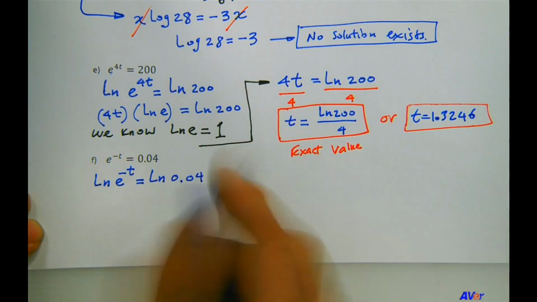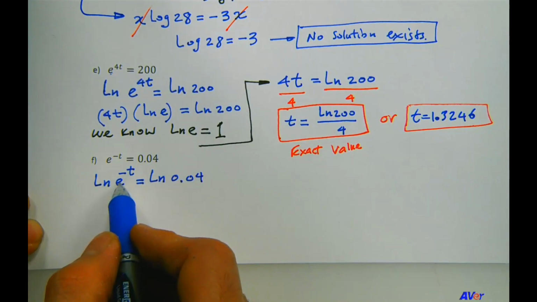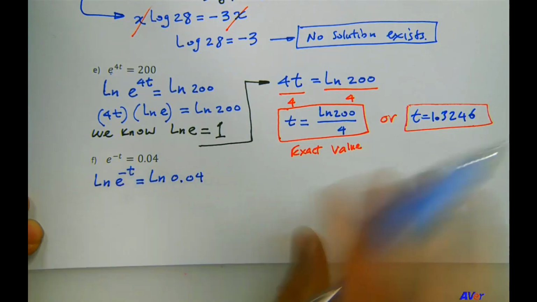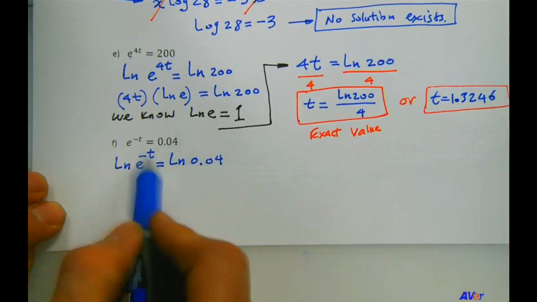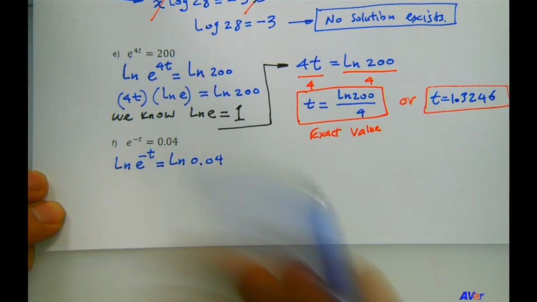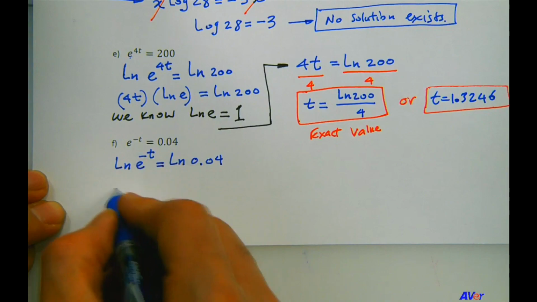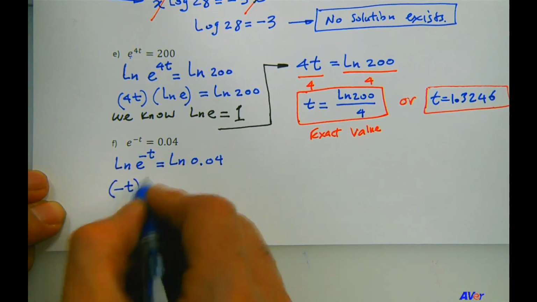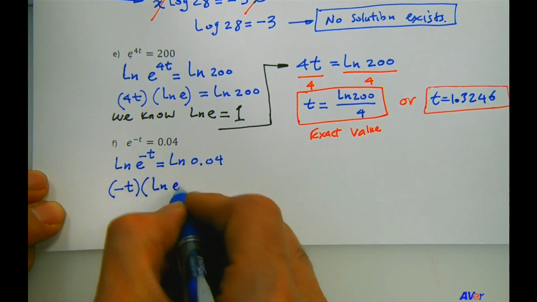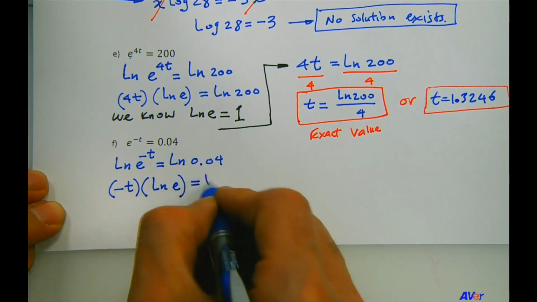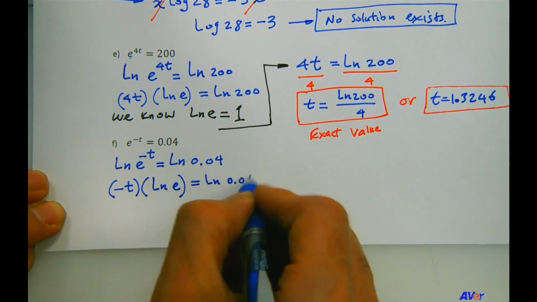Okay? So now on the left, we know we have a property that says we can bring this exponent down, and that's what we want. So minus t times natural log of e is equal to natural log of 0.04.